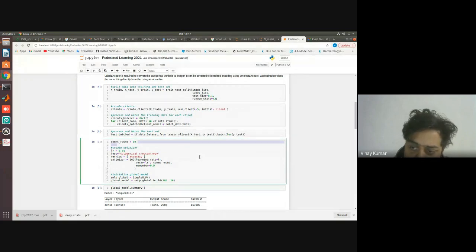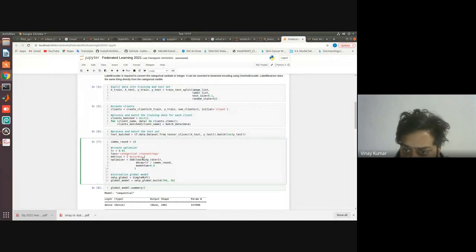You can understand that federated learning is an iterative process, and that iteration goes for some rounds. Some rounds means they will train the particular global model for that number of times. That is called communication rounds, so that is 10 here. Our learning rate is 0.01, as we have considered a basic MLP here.